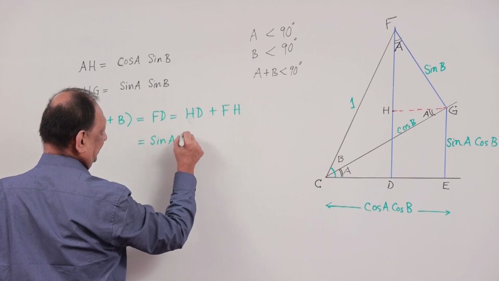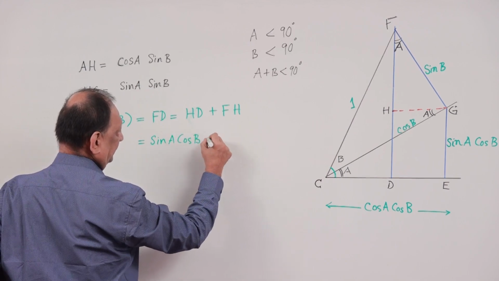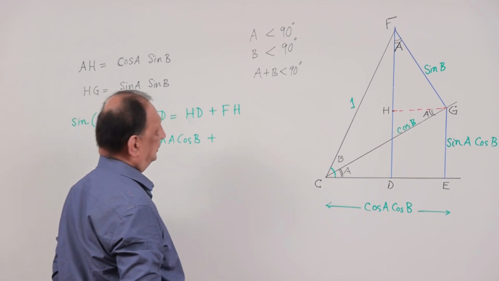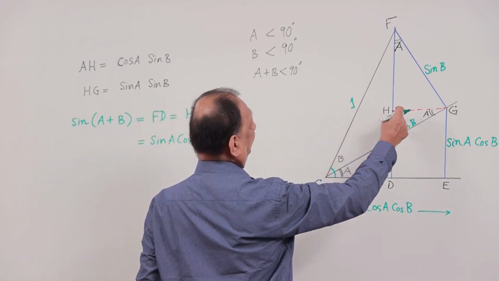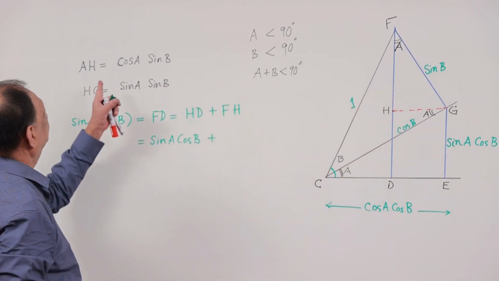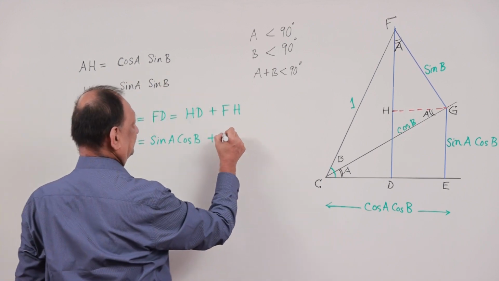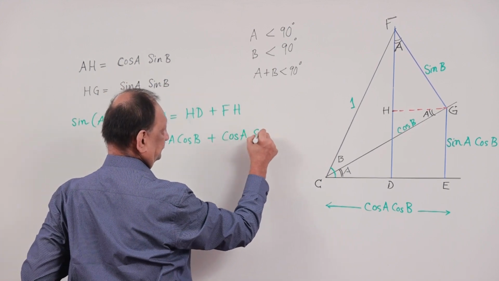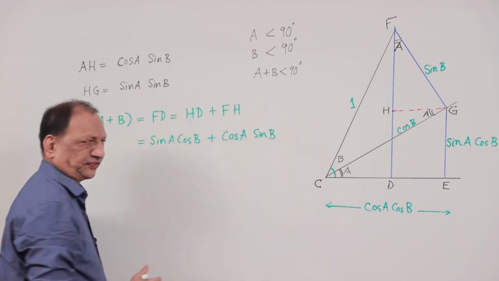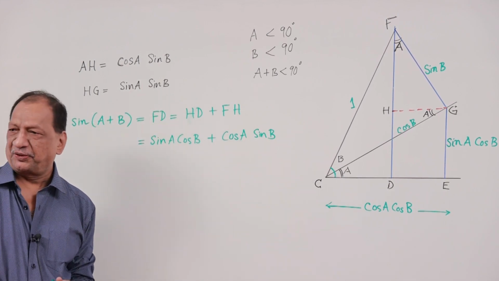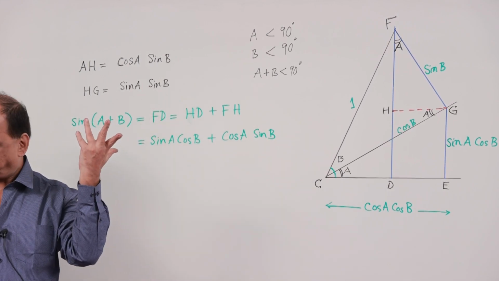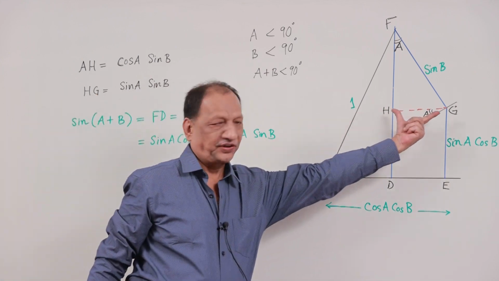Is sin A cos B. And what is FH? Cos A sin B. That's the answer. Already got the answer. No? Sin of A plus B, sin A cos B plus cos A sin B. Straight with one simple construction.